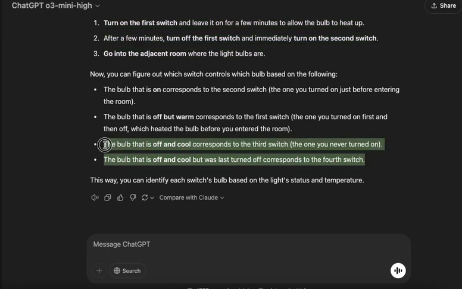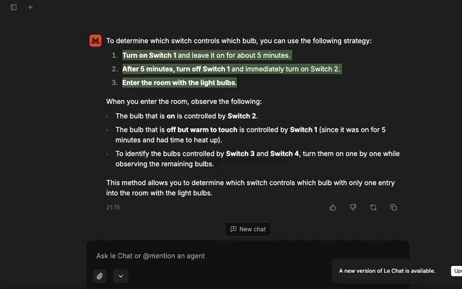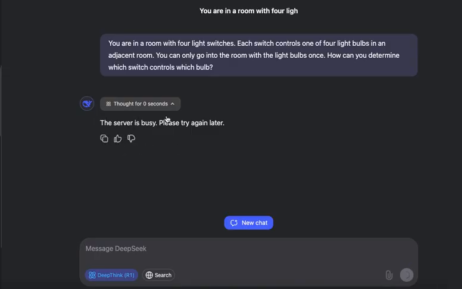Still, you can't tell the number 4 and number 3 apart.